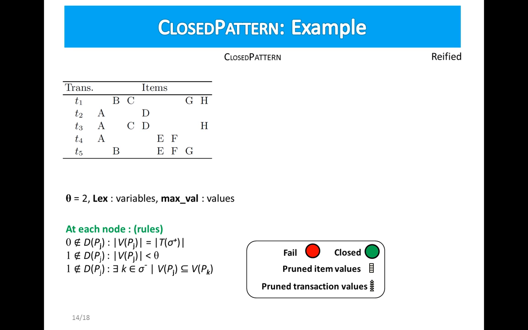Here in this example I illustrate the propagation of the global constraint and the difference with the use of the ReFIT model. So we have this dataset with 5 transactions and 8 items.